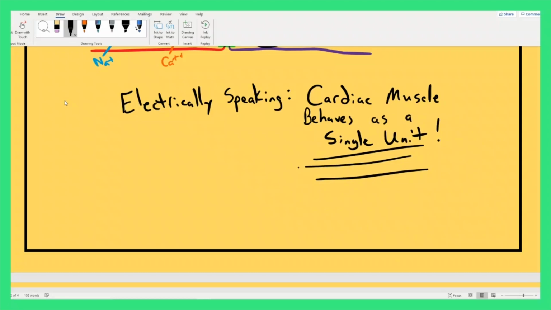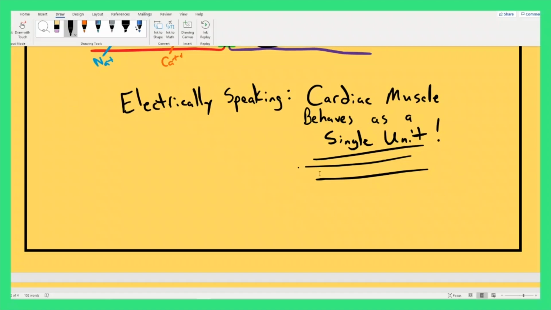Cardiac muscle behaves as a single unit. Meaning, if one of them contracts, then they all contract.